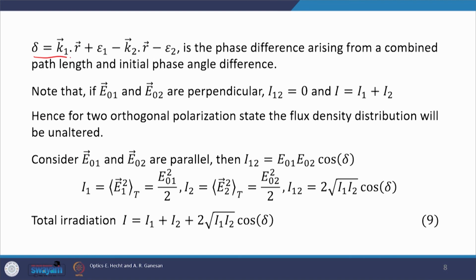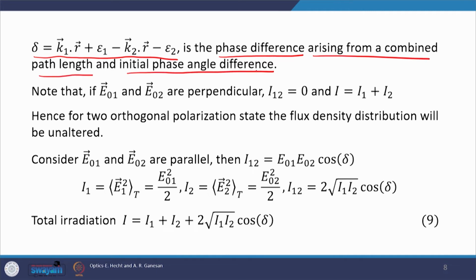This means this delta, which is appearing in equation number 8, is a phase difference. Okay, and this is what is written here: delta is equal to K1 dot R plus epsilon 1 minus K2 dot R minus epsilon 2, and this is defined as the phase difference arising from the combined path length and initial phase angle differences.